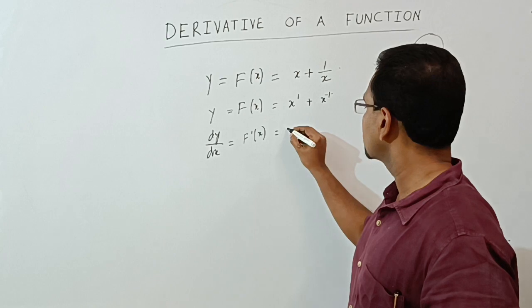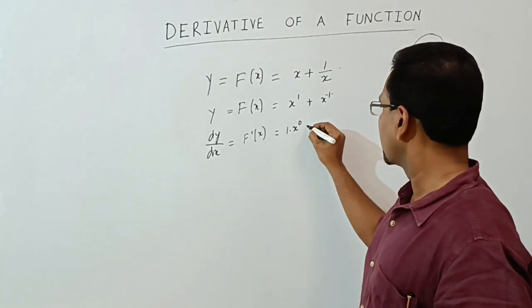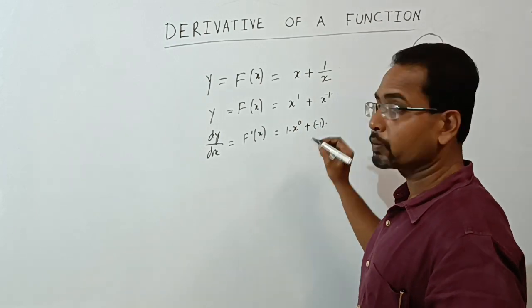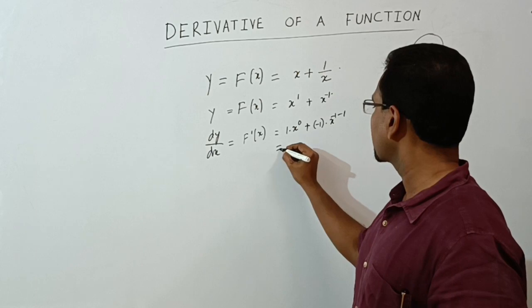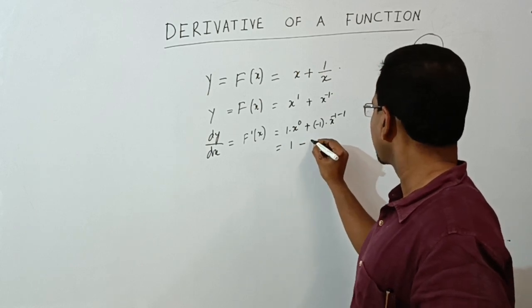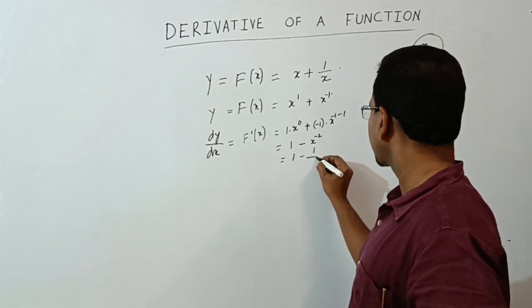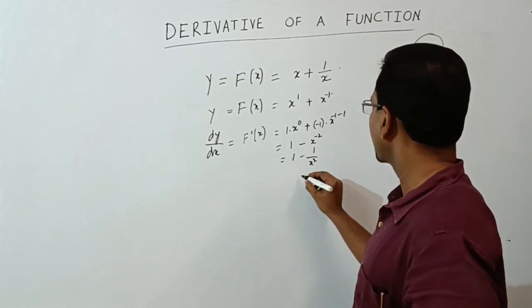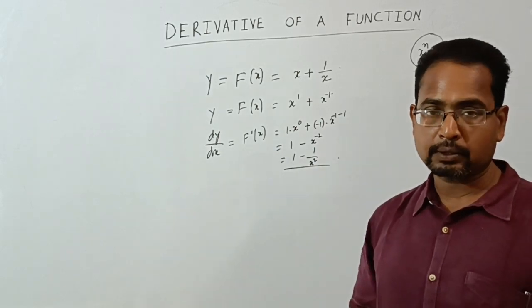So that will come as 1 into x to the power of 0 plus minus 1 into x to the power of minus 1 minus 1. So that comes as 1 minus x to the power of minus 2, so 1 minus 1 by x square. So this is the derivative of x plus 1 by x.